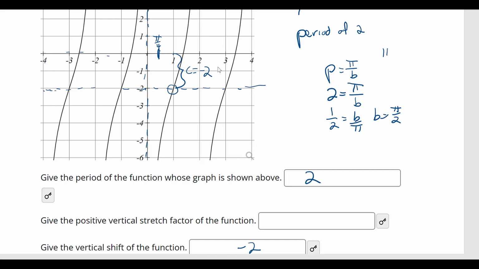Pi over 4 divided by pi over 2 would be pi over 4 times 2 over pi, which is 1/2. So at 1/2, which is where that would be, it's going to be doing something. And at 1/2, it looks like we're right about there.